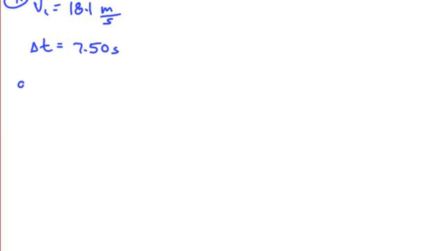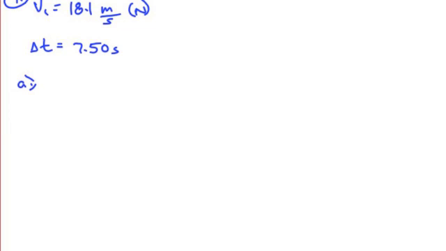And in A, by the way, I should go back here and say that our initial velocity is 18.1 meters per second north. That's just designating that it's north. It's in one direction.